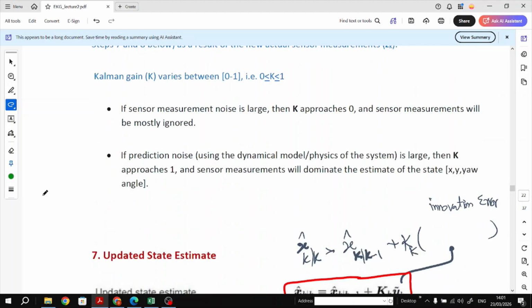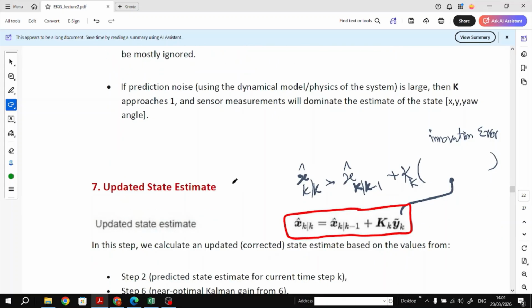Let me show that equation first. This measurement residue will be multiplied with the Kalman gain K and added to the previous, that is, the predicted state, and we get the updated state.